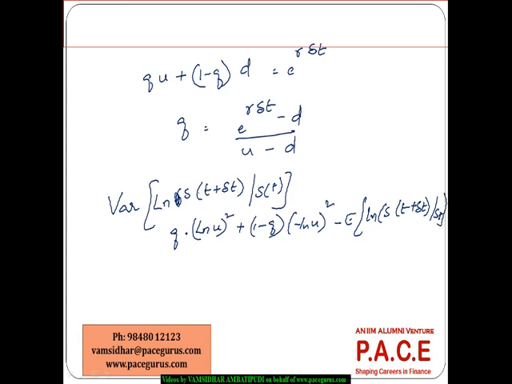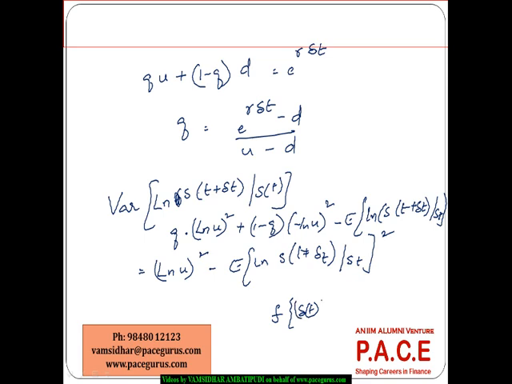Overall this works out to log u squared minus the expected value of log S of t plus delta t given St, squared.